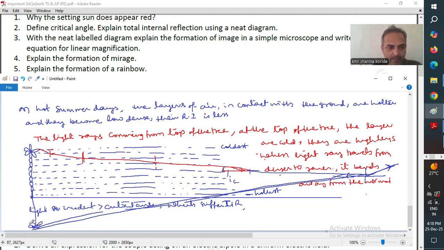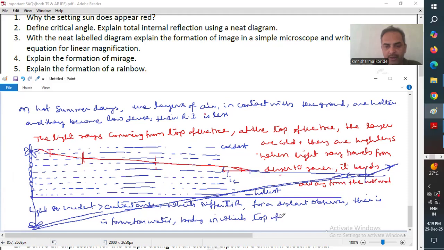So for a distant observer, there is formation of a water body in which the top of the tree appears.